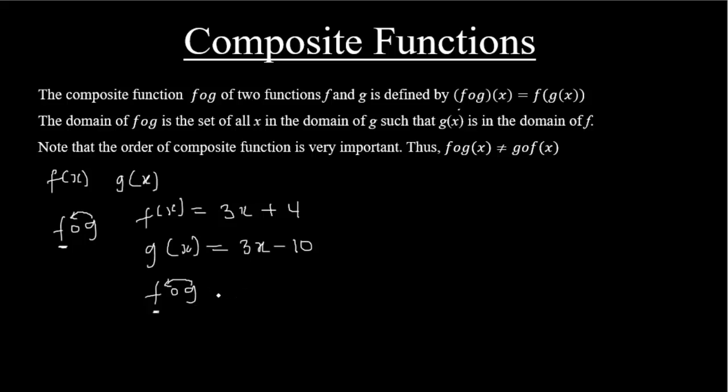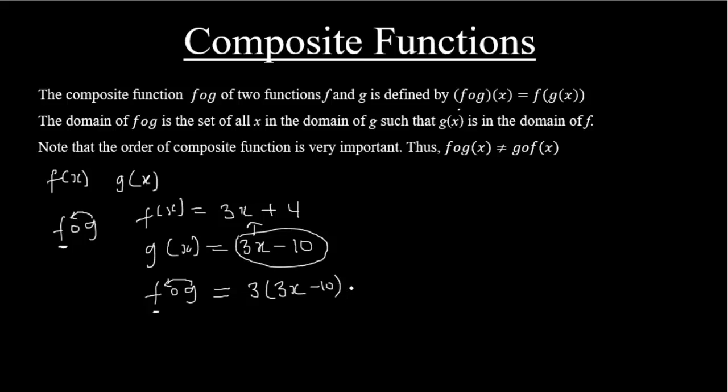Okay, so f of g, as I said, we are going to replace x with the whole of the function g. The function g here is 3x minus 10. So we put the whole function g, which is 3x minus 10, wherever we see x in f. So we have 3 times (3x minus 10). We are done replacing x with the whole function g.